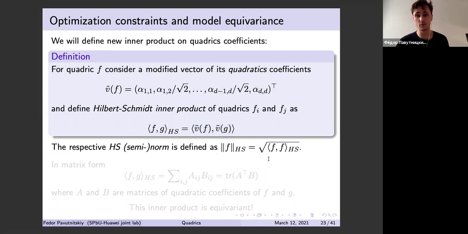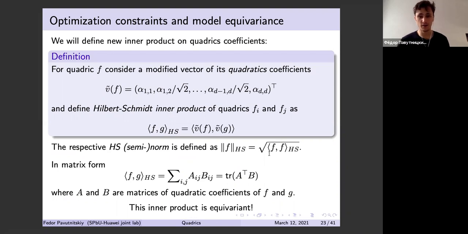The corresponding norm, actually a semi-norm, is defined in the usual way as a norm from an inner product. I call it a semi-norm because it depends only on the quadratic part. So if your quadric has a trivial quadratic part, only a linear part, then its norm will be 0, because all these coefficients will be 0, but the quadric itself will be non-trivial.